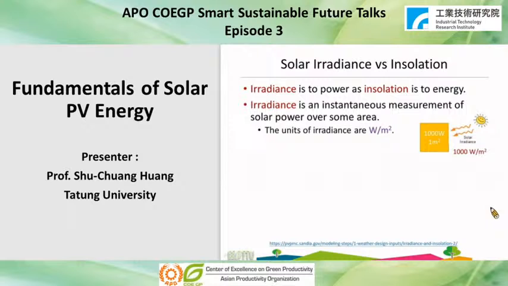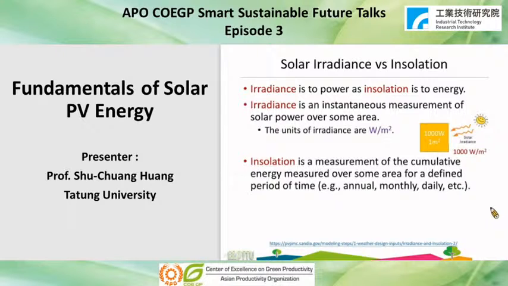Later we'll talk about the testing condition, defined as 1 kilowatt per meter square, which is considered the solar standard condition, sunny without cloud.